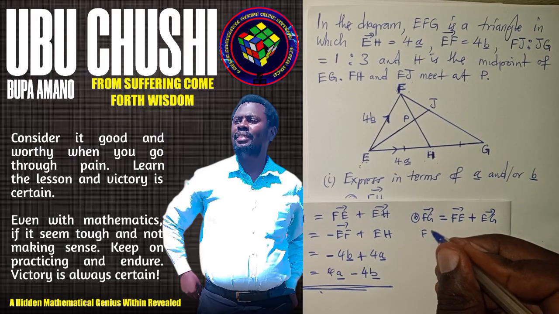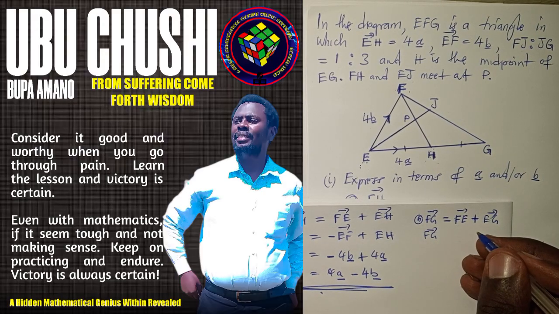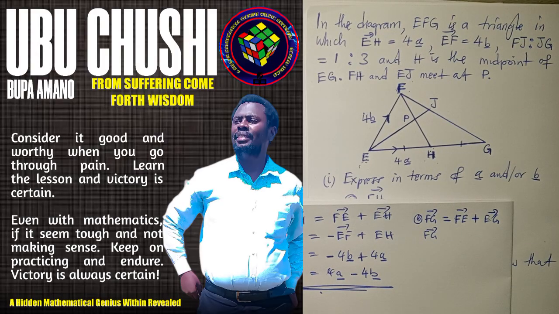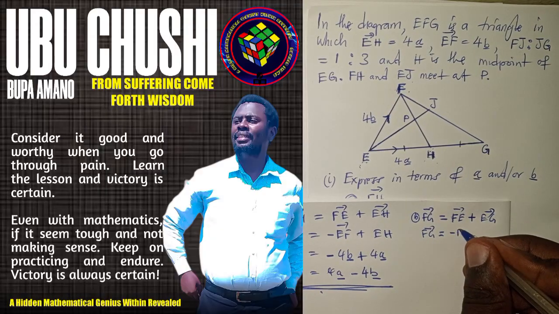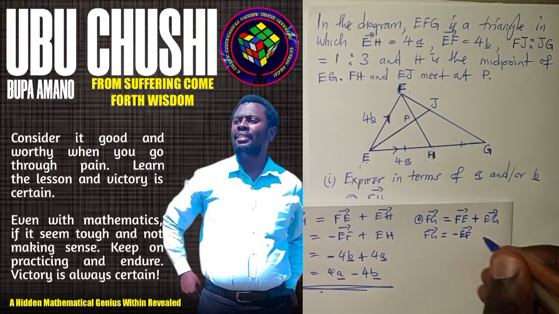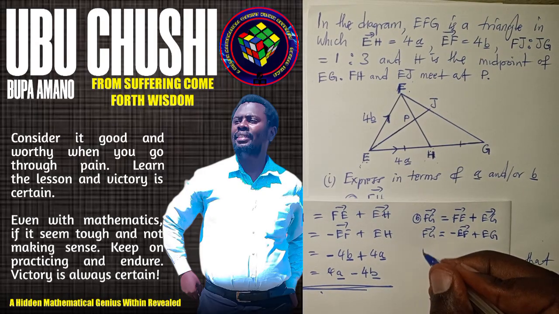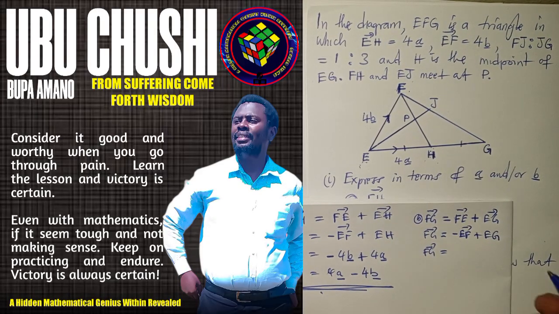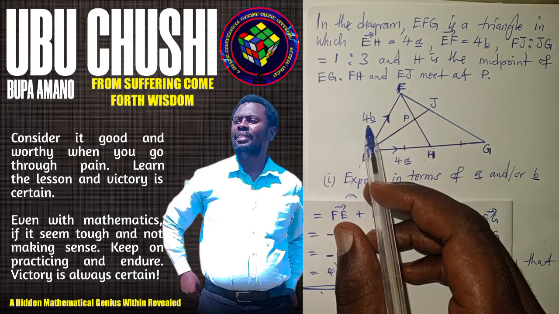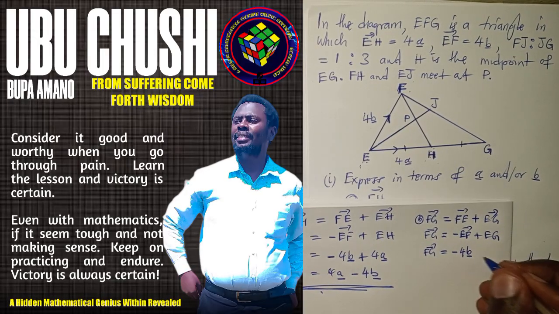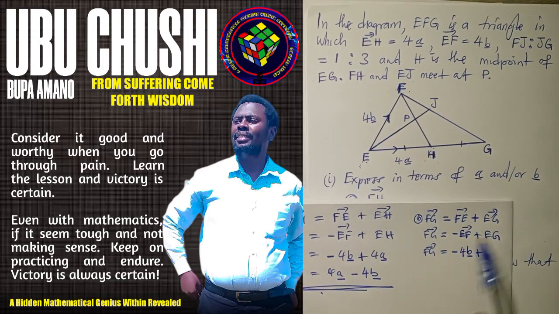Again, FE is just the opposite of EF, and EF is the normal route, so that one is a negative. So we have minus EF plus EG. FG is equal to minus EF, and EF is 4 vector B, plus EG.